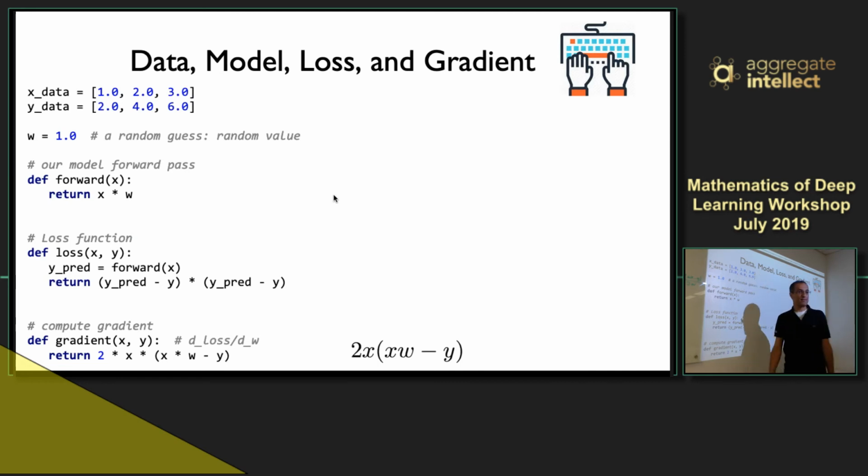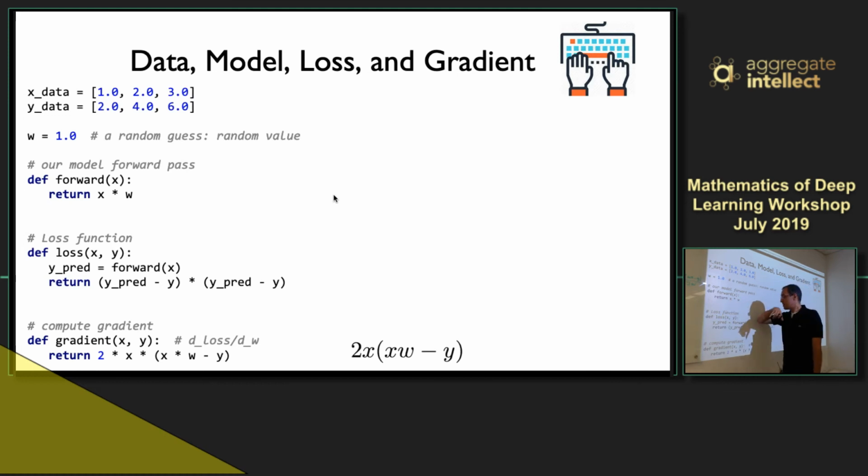This is big data. Work with small numbers, and then I will pick a random value for my weight, so I'll set it to 1, and I define my function. This is defined as forward. Forward is actually the name of my predictive function, which is x times w.